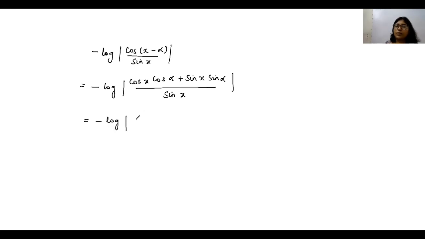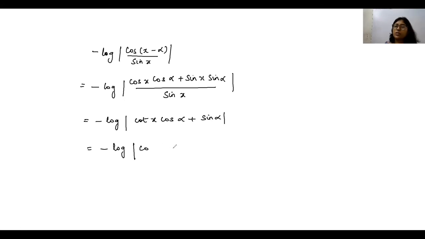Let us take it separately. Cot x cos alpha plus sin alpha. And the next thing we will do is we will take cos alpha common.